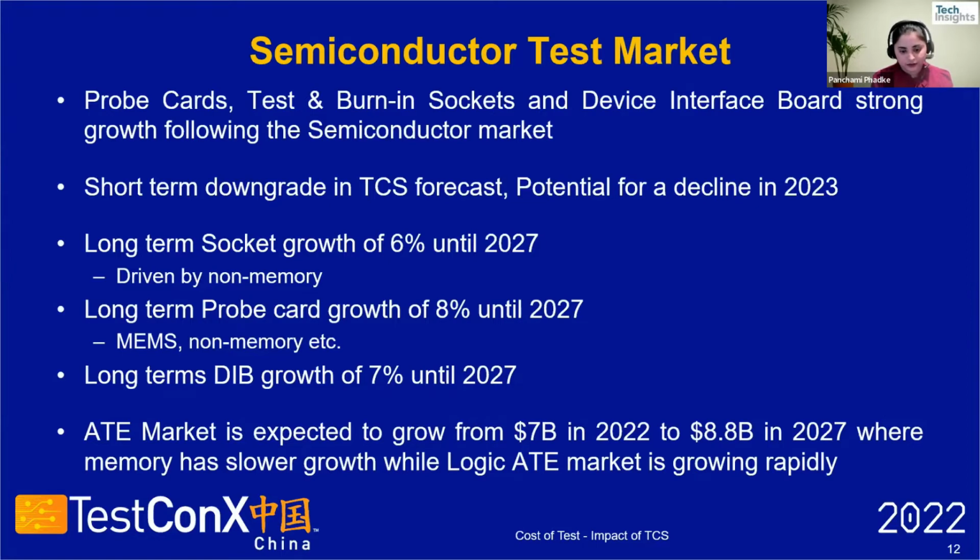And the long-term probe card growth of 18% up to 2027 is majorly driven by MEMS probe cards and the non-memory side of the market. We can expect strong growth of the logic ATE market, whereas a slower growth of the memory ATE market.